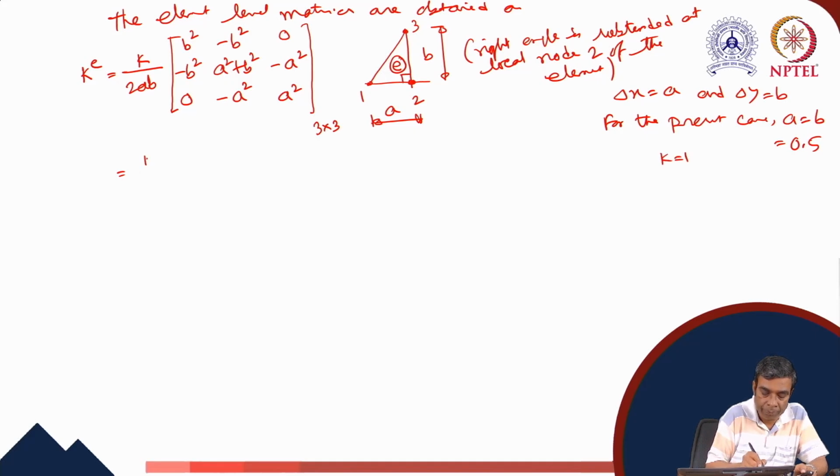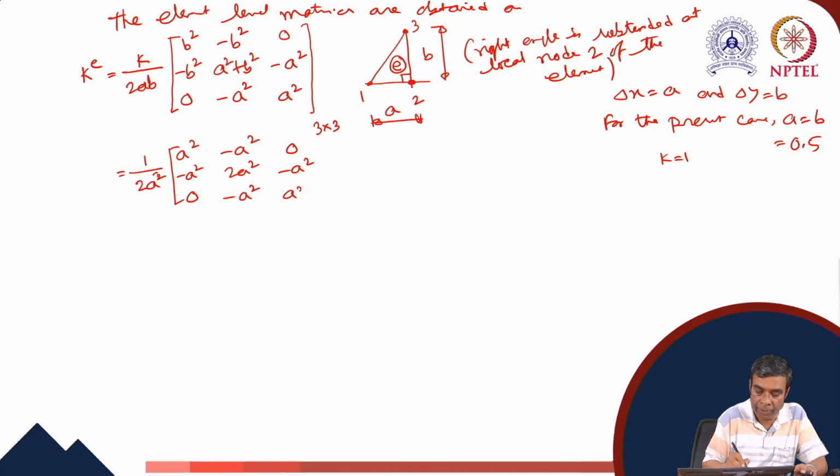So we have 1 by 2 A square, minus A square 0, minus A square 2 A square, minus A square 0, minus A square A square.